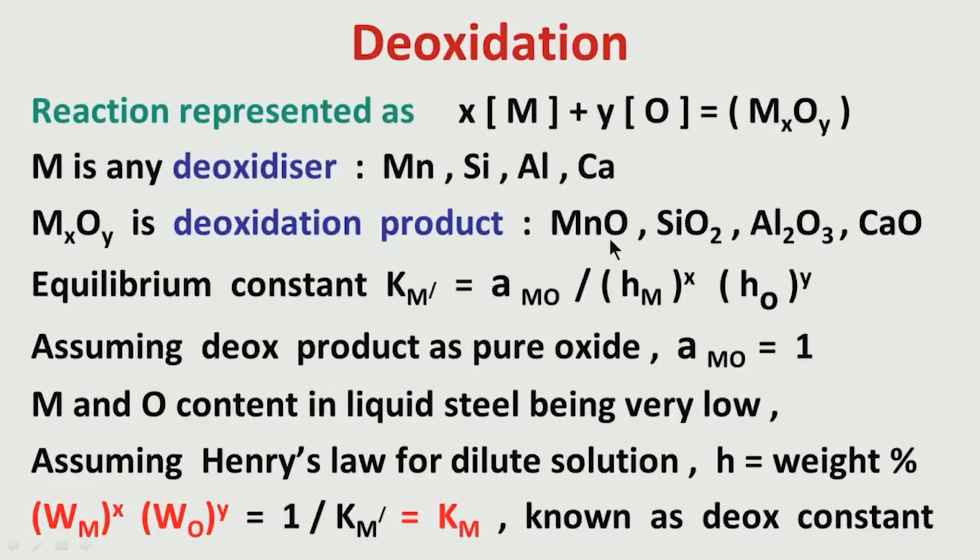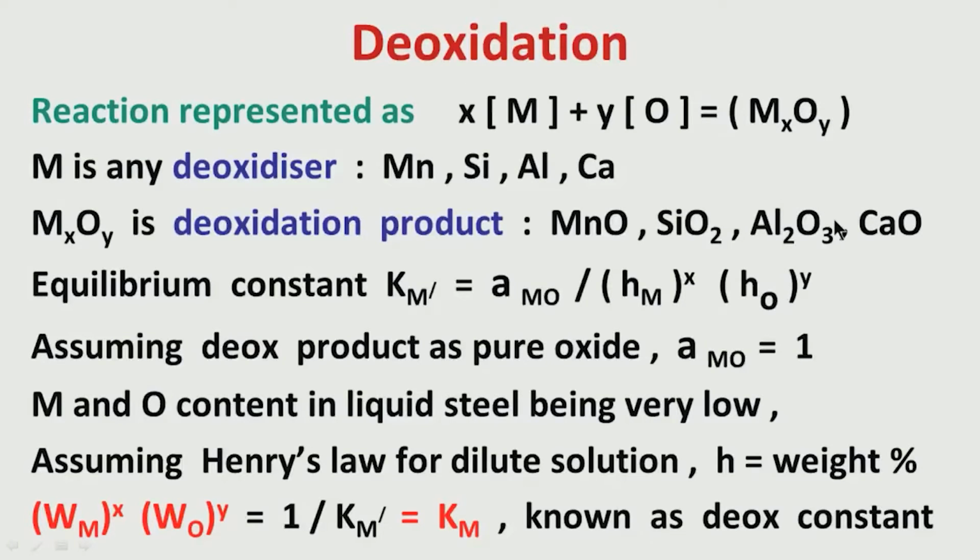So, the equilibrium constant for this reaction, K'm, what is it? Activity of the oxide divided by the activity of the metal multiplied by the activity of oxygen. Of course, depending on the reaction, that means how many atoms are reacting with how many atoms of oxygen, x and y will depend.